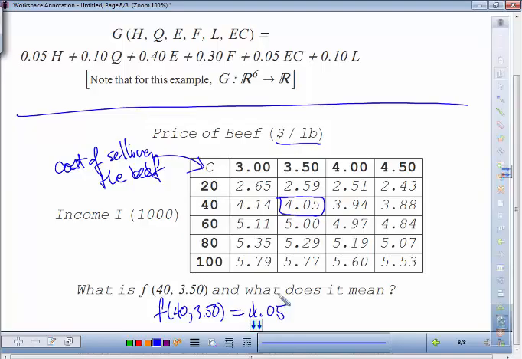Okay? So that's how you can read a table like this.